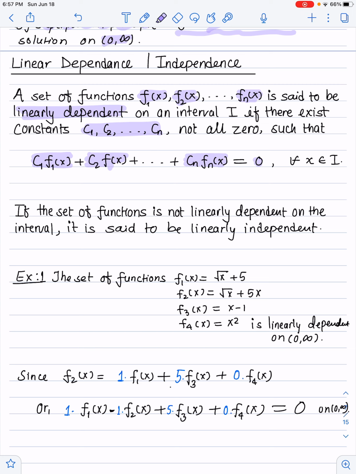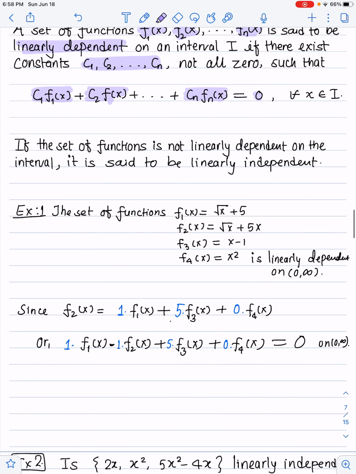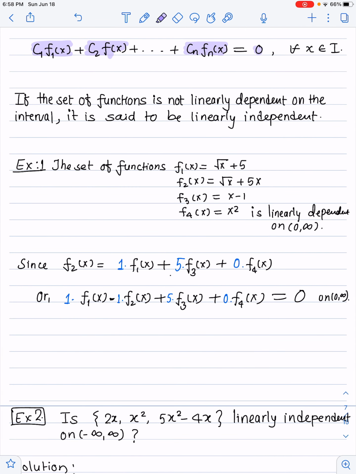Okay, if the set of functions is not linearly dependent on that interval, then it is said to be linearly independent. So let's look at what types of functions are linearly dependent and independent.